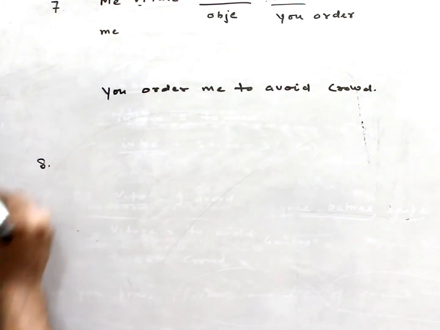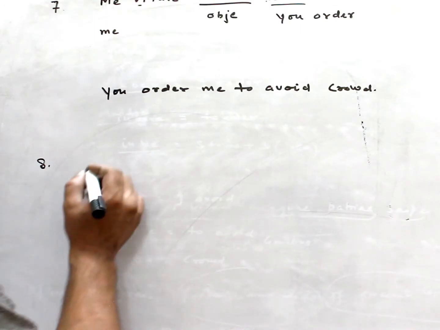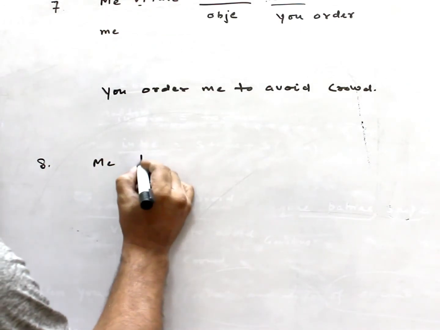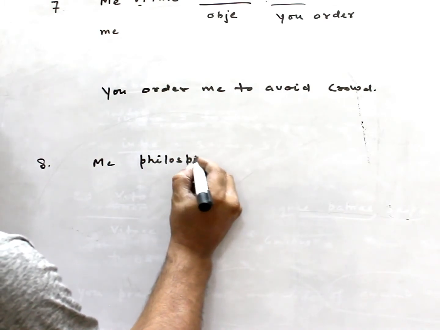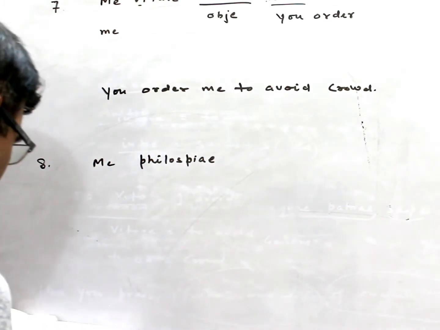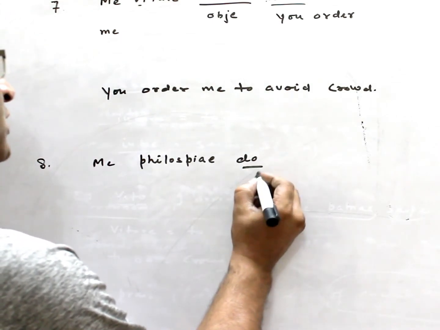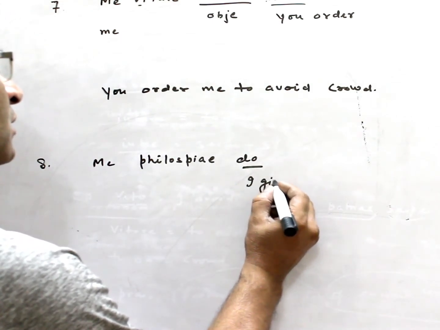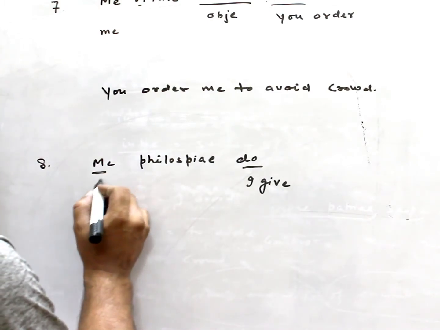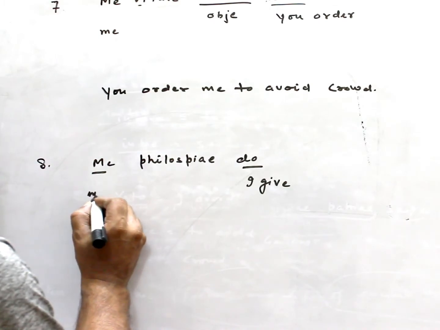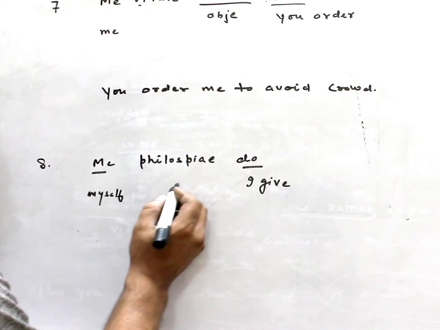Now, sentence number 8. Me closepi to. Me close pi do. This means I give, and this me is myself or me.